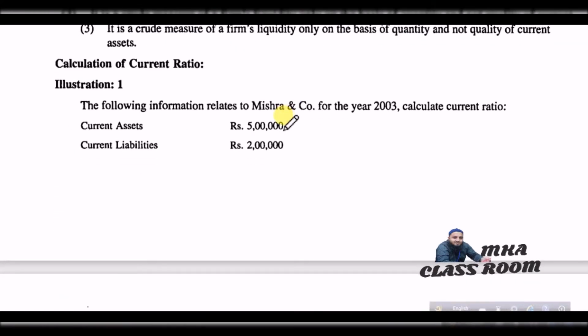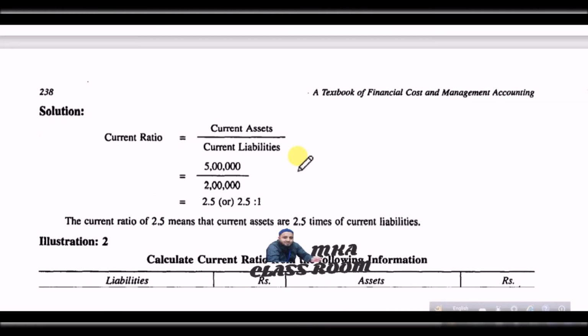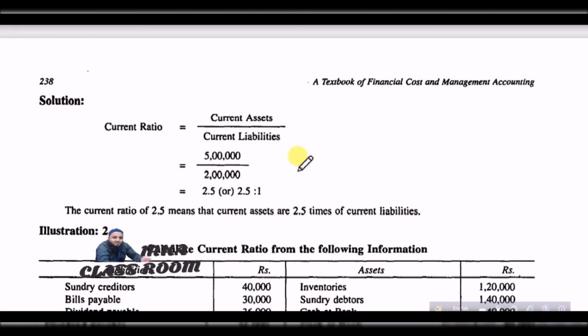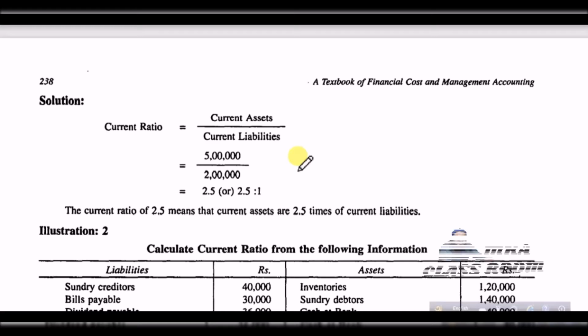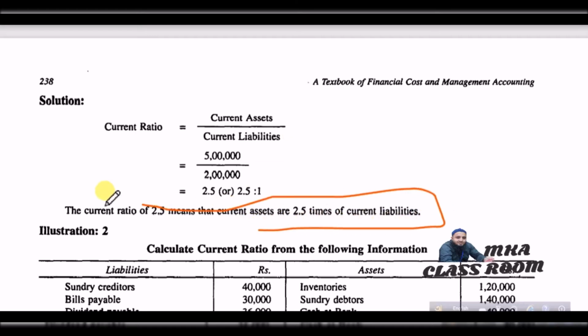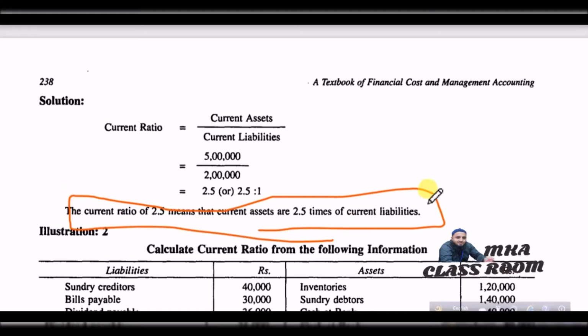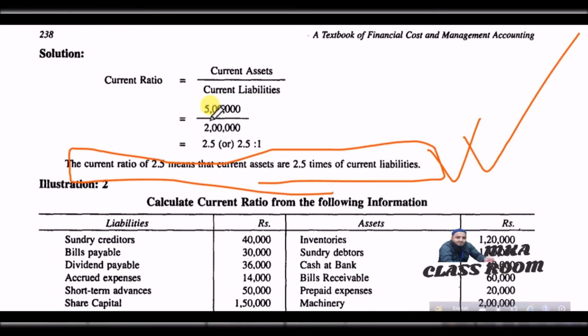So if the current asset is 5 lakh and current liabilities is 2 lakh, then the result is 2.5:1. That means the current ratio of 2.5 means the current assets are 2.5 times of current liabilities. So that is what it means.